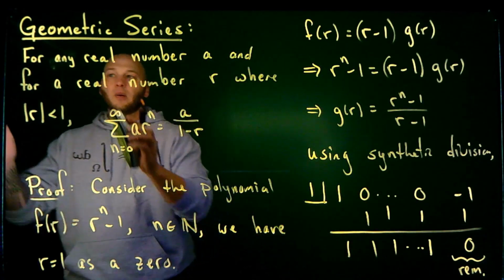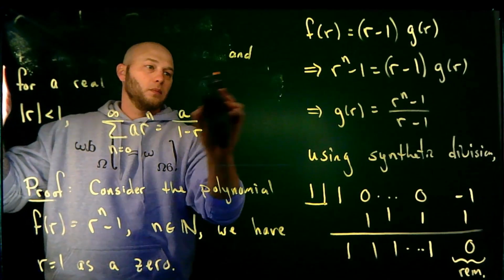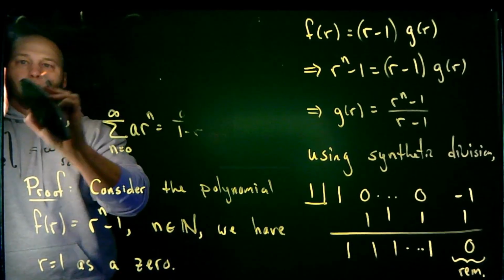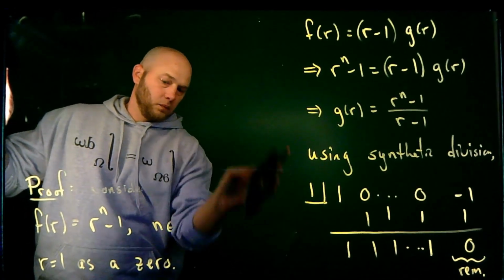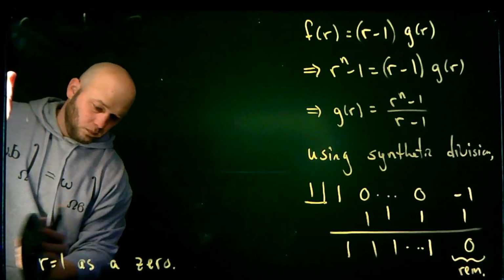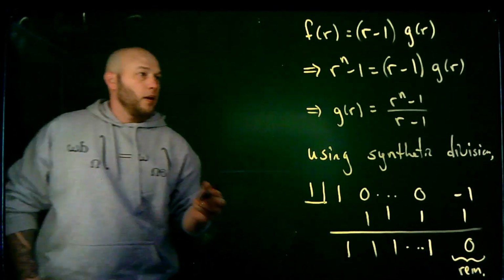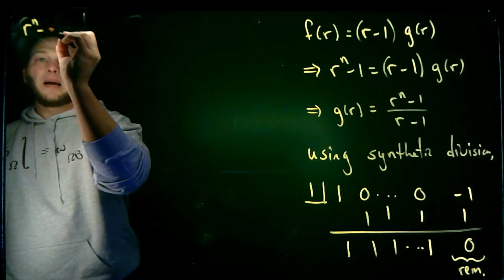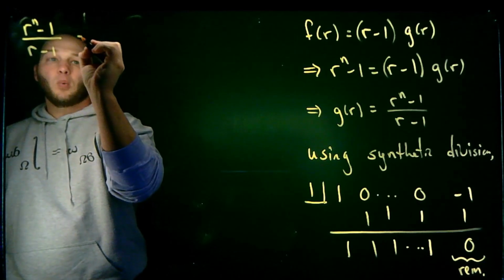That gives me the following. That says that if I take r to the n minus 1, I divide that by r minus 1.